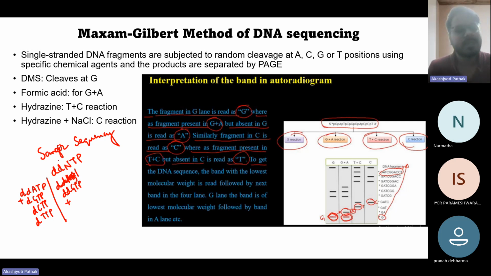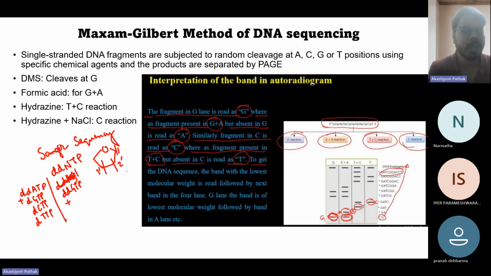Now, what do you mean by a dideoxynucleotide triphosphate? You know that the OH group is absent at the 2' position in deoxy sugar. If you remove the OH group from the 3' position also, then that is called a dideoxy sugar.